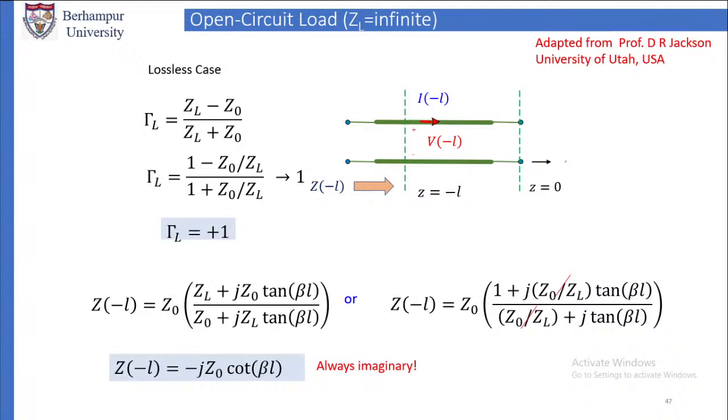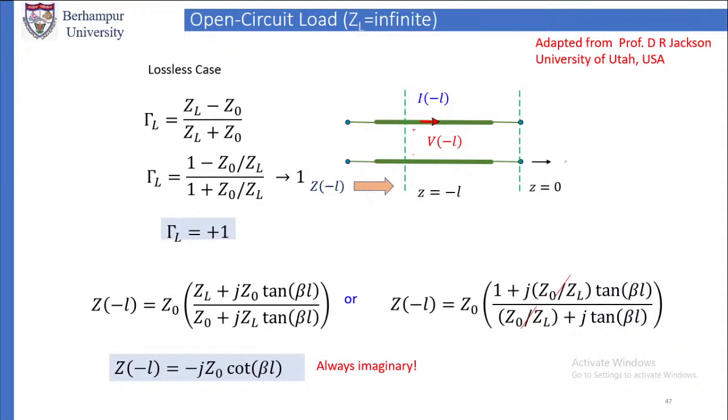What is the difference? The difference is that whatever incident voltage we send gets completely reflected. Gamma L is equal to 1 means complete reflection. So plus minus 1 means it is complete reflection. Plus 1 is in phase. The phase of the incident wave is the phase of the reflected wave.